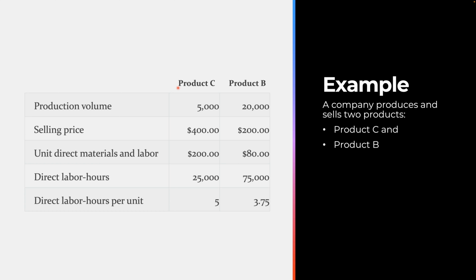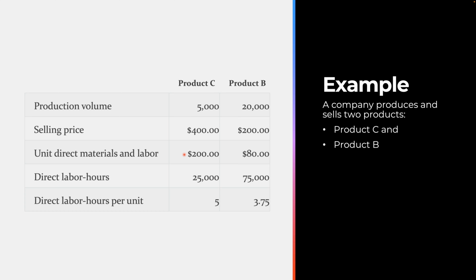Now let's take a look at product C. Product C has a production volume of 5,000 units, which means this is the lower volume product line. The selling price is much higher, $400 a unit, and we can start to see why.